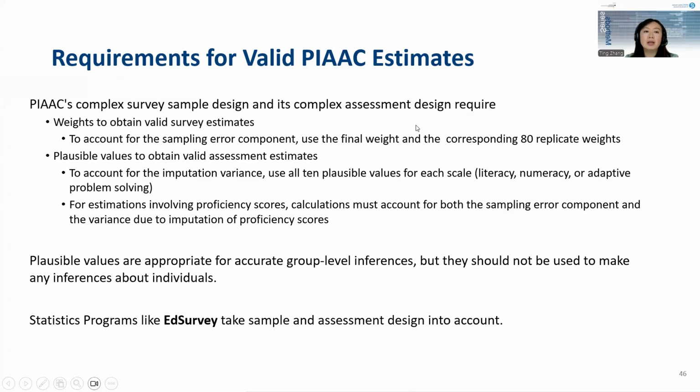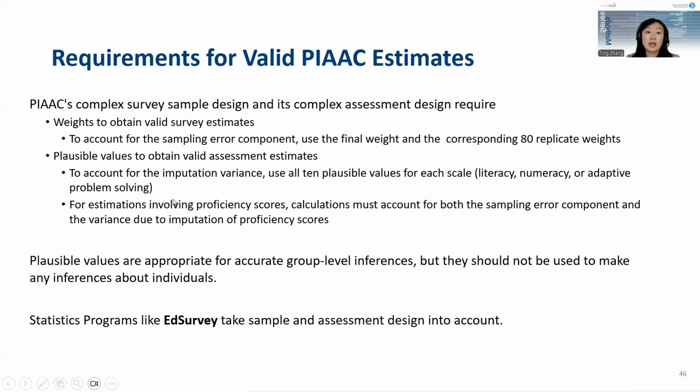So what does that mean? That means in your analysis, you always want to apply appropriate weights, and all the plausible values need to be used to capture the correct variance for your analysis.